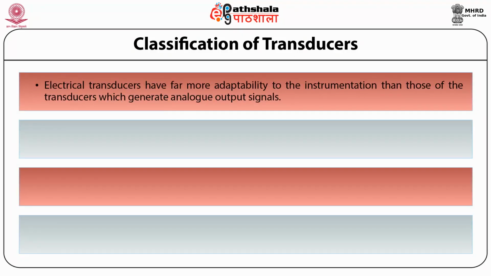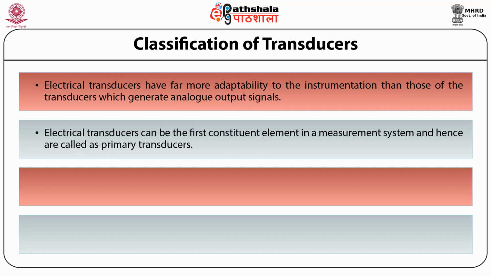Electrical transducers have far more adaptability to the instrumentation than those of the transducers which generate analog output signals. Electrical transducers can be the first constituent element in a measurement system and hence are called primary transducers.